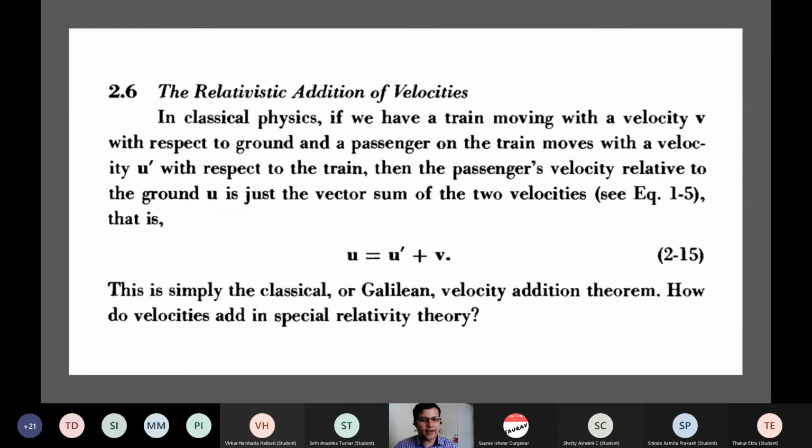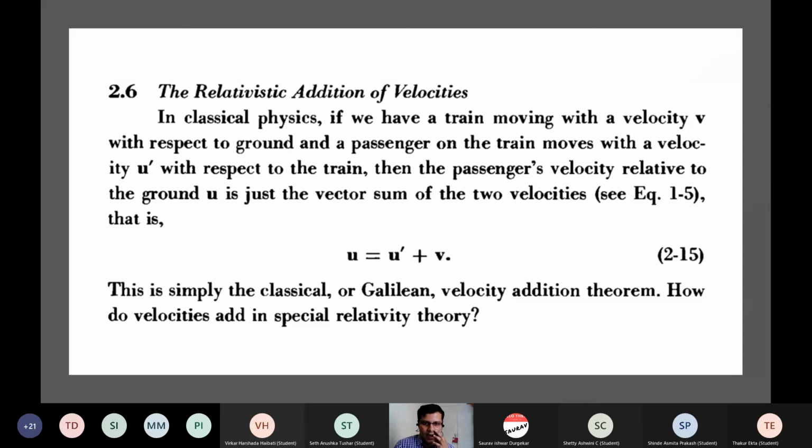There is another approach of deriving this velocity addition formula. I am not going to repeat what we have done, but you can take a reference of that book and see how the formula is derived.